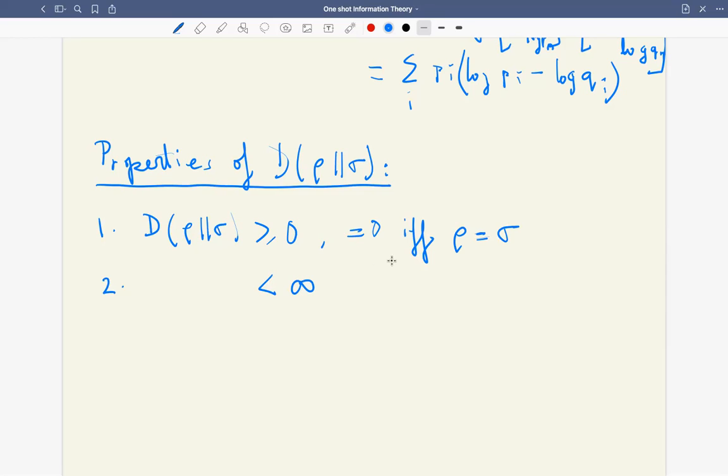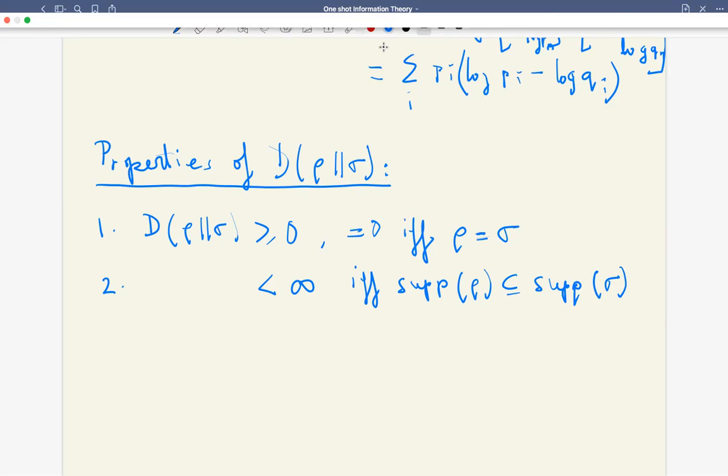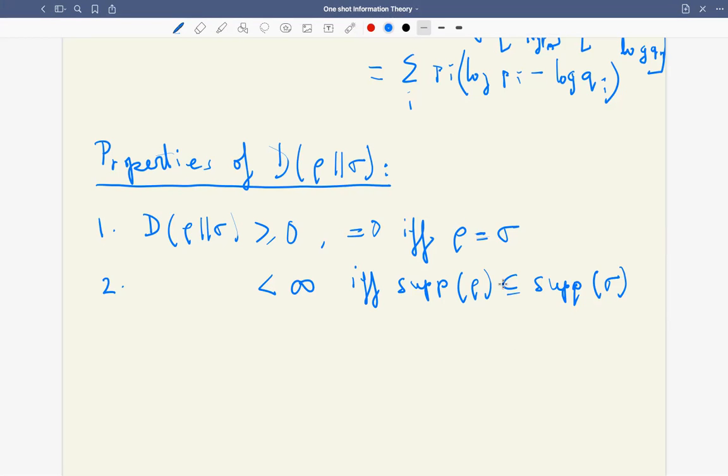It is less than infinity if and only if the support of rho is contained inside the support of sigma. So, two basic properties. Let's try to prove that.